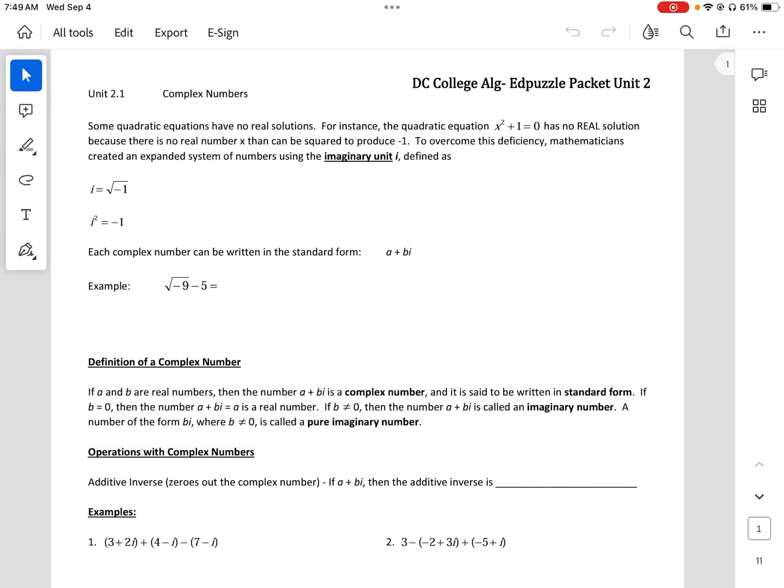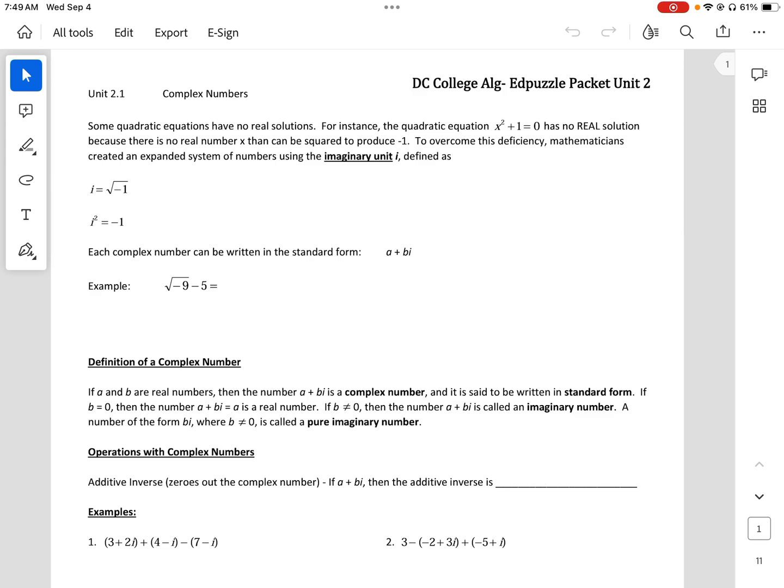Let's look at 2.1 complex numbers. So we are going into when we have imaginary numbers. Imaginary numbers come up whenever you have a quadratic equation that has no real solutions.